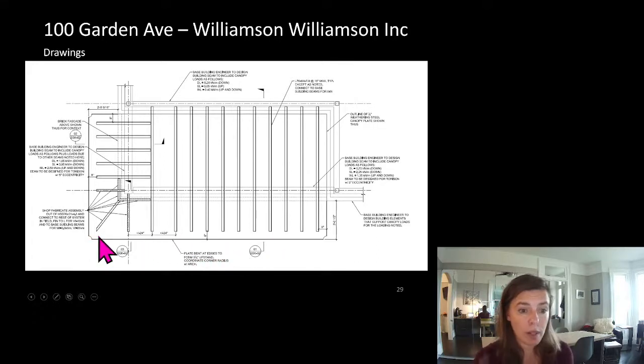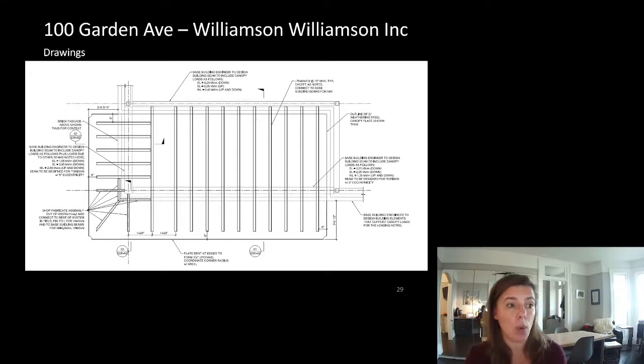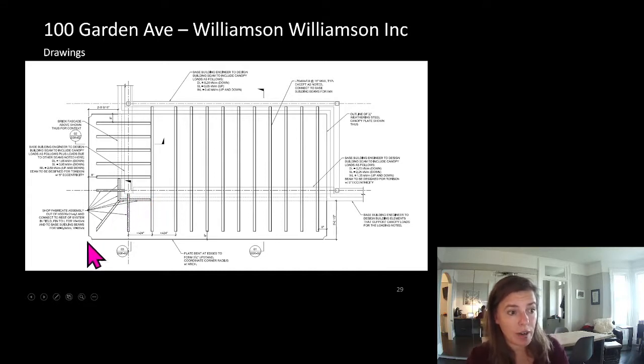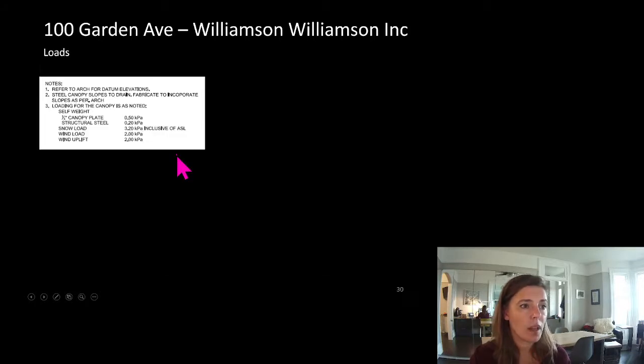So that was a critical component on how we supported this. So the only place we had that was right here, and this was detailed to lift these elements up above this steel plate so that if water got into here, it could flow out under here and still make it to this point. So let's take a look at my loading.